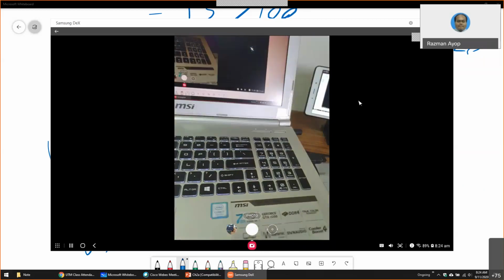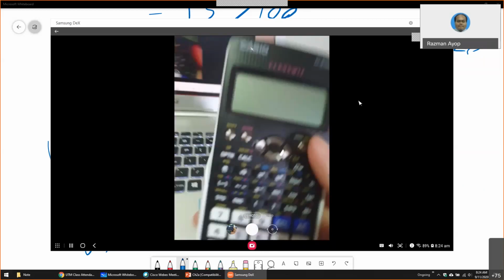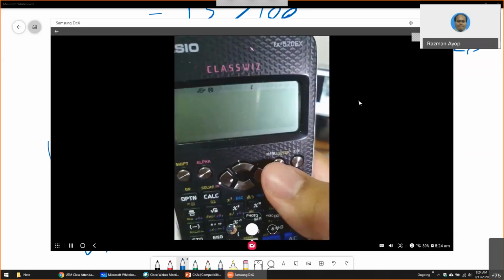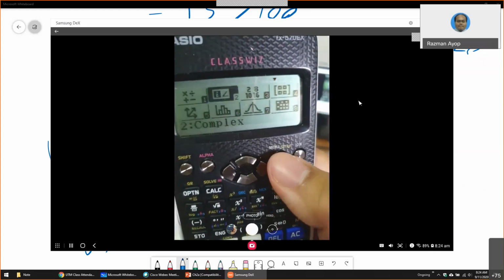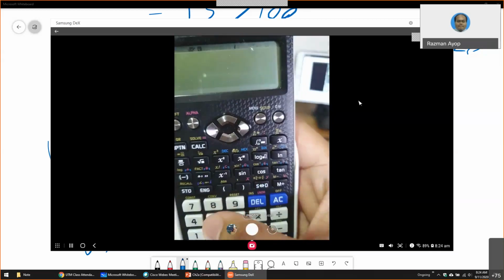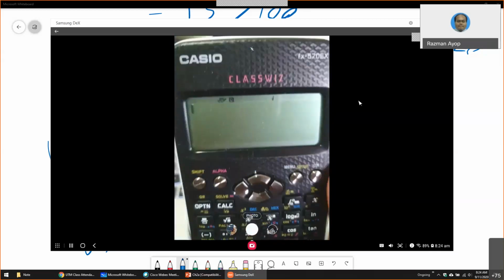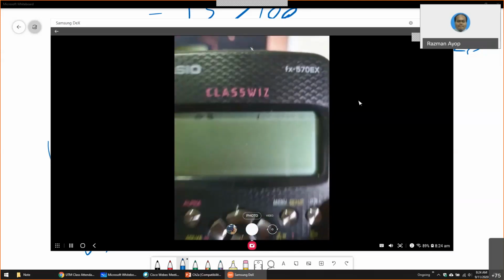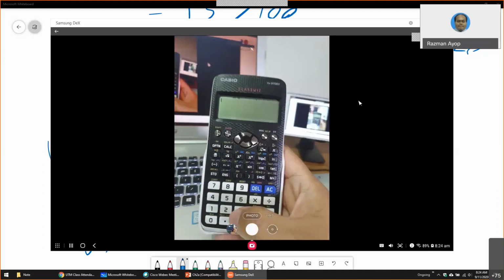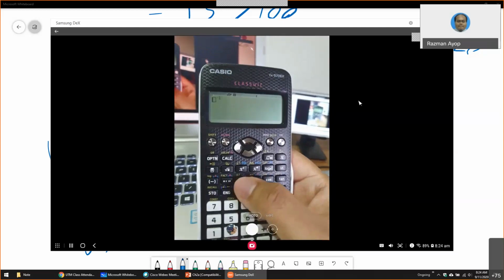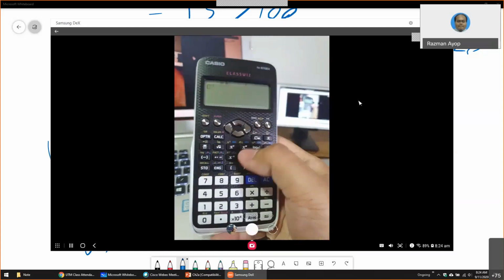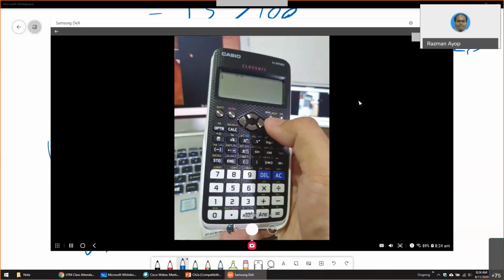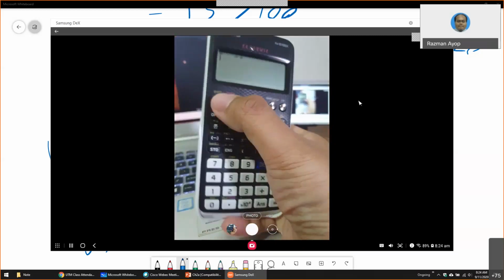How about the new calculator? If you use the new calculator, also make sure you are in the complex mode. Shift 2. For this calculator, the complex mode is shown by i here. So don't forget the brackets. Sorry, there is something wrong.